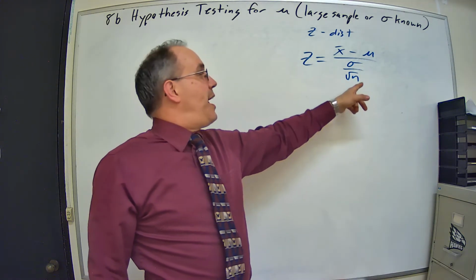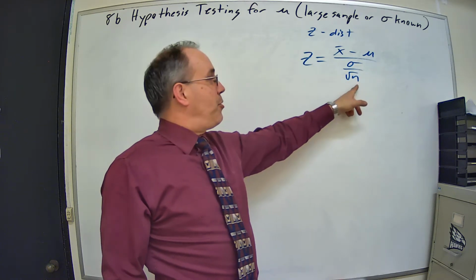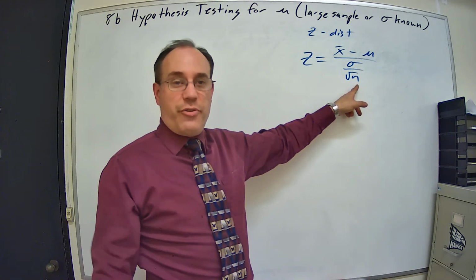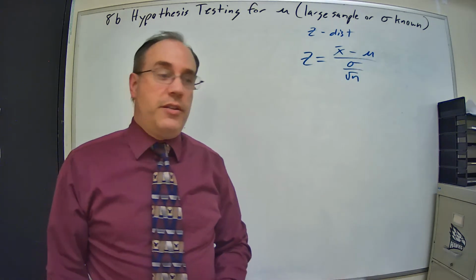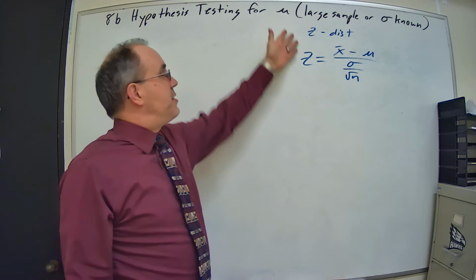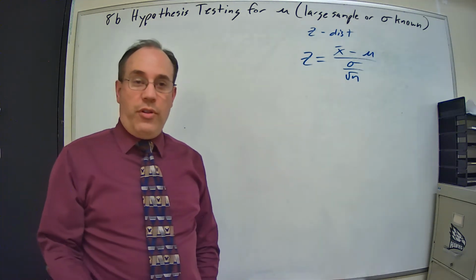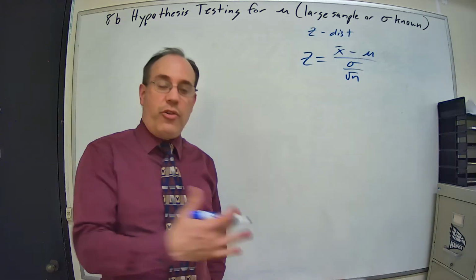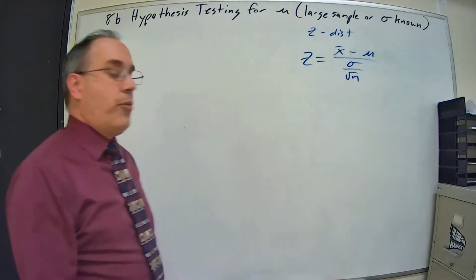Or if we don't have the population standard deviation, if we have a sample standard deviation but the sample size is large, 30 or more, then we can substitute the sample standard deviation. So we can use that to get a z-score, which we would then look up in the table and get either our left tail or right tail or 2 times that to come up with our p-value.